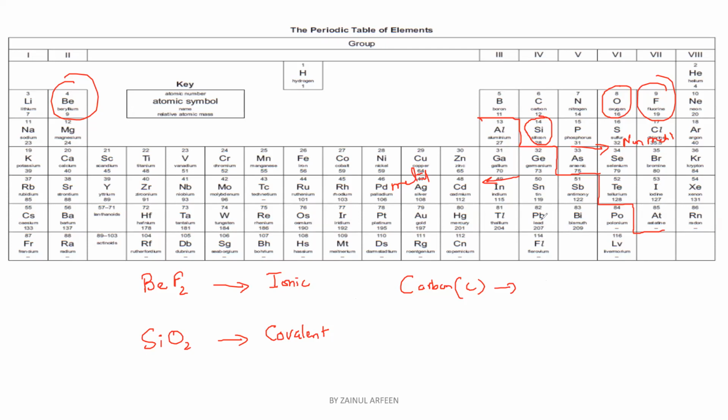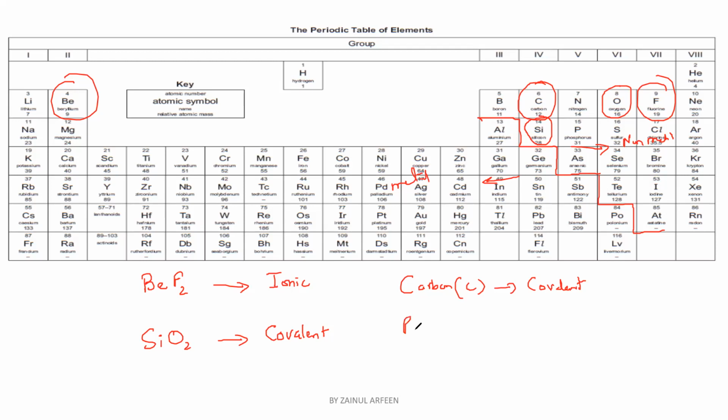When we are predicting the structures like geometry and the type of bonding, we are skipping the metalloids. On the right hand side we are considering non-metals, and on the left hand side we are considering metals. Carbon is on the non-metal side, so within the non-metal, it will have a covalent bond.